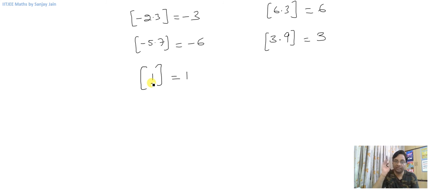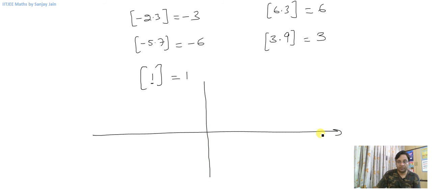And if you look at the input, I can put any real value of x here. So if you want to draw its graph, the output values that you will get will all be integral values, right? Output will be an integer for this greatest integer function.